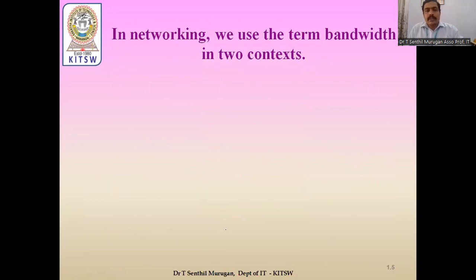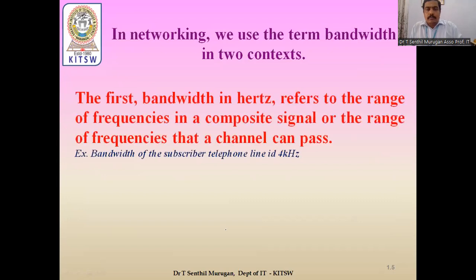In networking, we use the term bandwidth in two contexts. So now we are going to discuss bandwidth. First one, bandwidth in hertz. Hertz refers to the range of frequencies in a composite signal or the range of frequencies that a channel can pass.